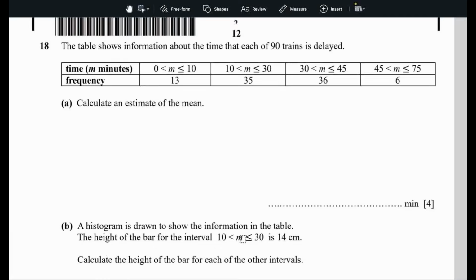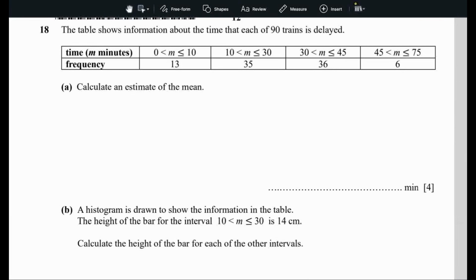Let's move to question number 19. The table shows the information about the time each of 90 trains is delayed. Estimate the mean. Now mean will be equal to summation of fx by summation of f.